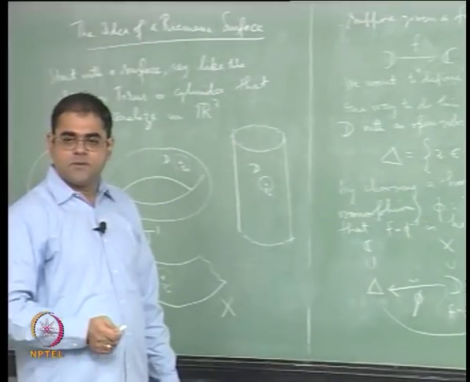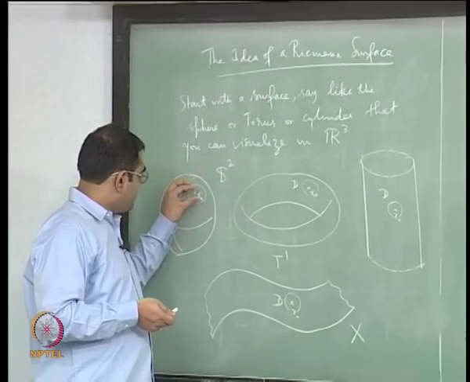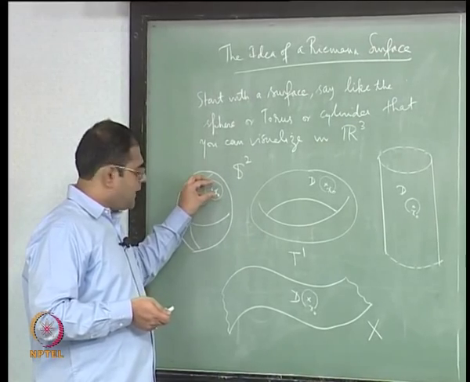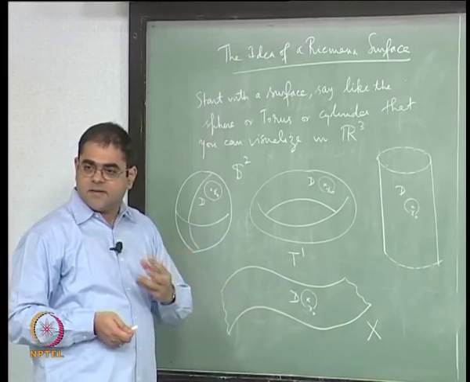So I've just used the intuitive idea that the neighborhood of the point that I've been given on the surface really looks like a disk.